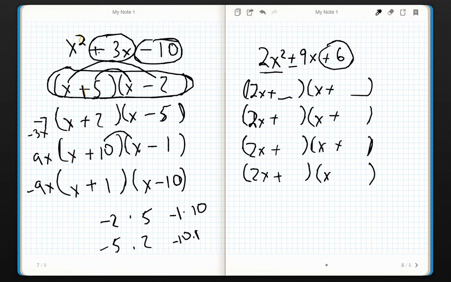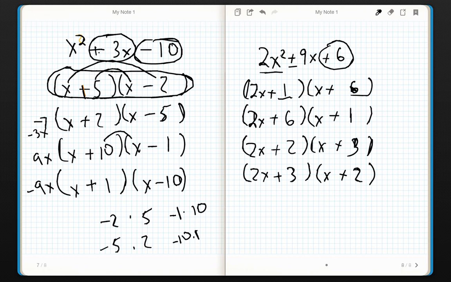Now my only choice is to figure out how to build my 6 in a way that gives that positive 9 for the middle term. I don't know whether it's 1 and 6, or 6 and 1, or 2 and 3, or 3 and 2.